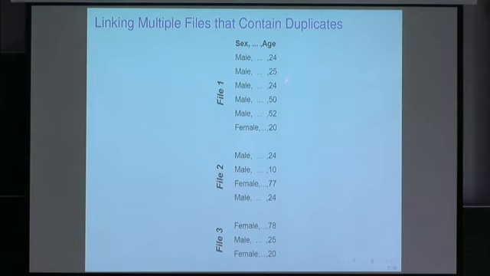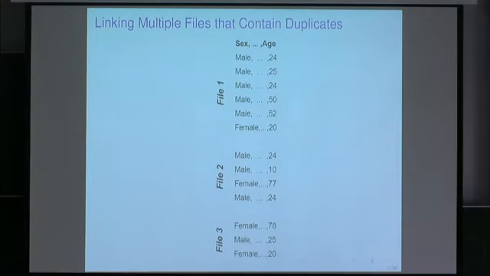So let's call this the concatenated data file. If we can find a partition of the set of records in such a way that coreferent records are clustered in the same element of the partition, then we will be solving jointly the duplicate detection within file and the linkage across files, right?